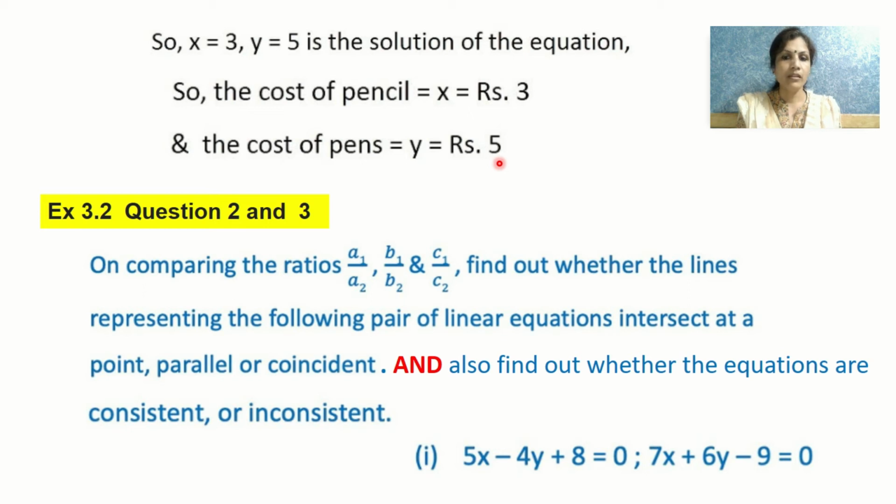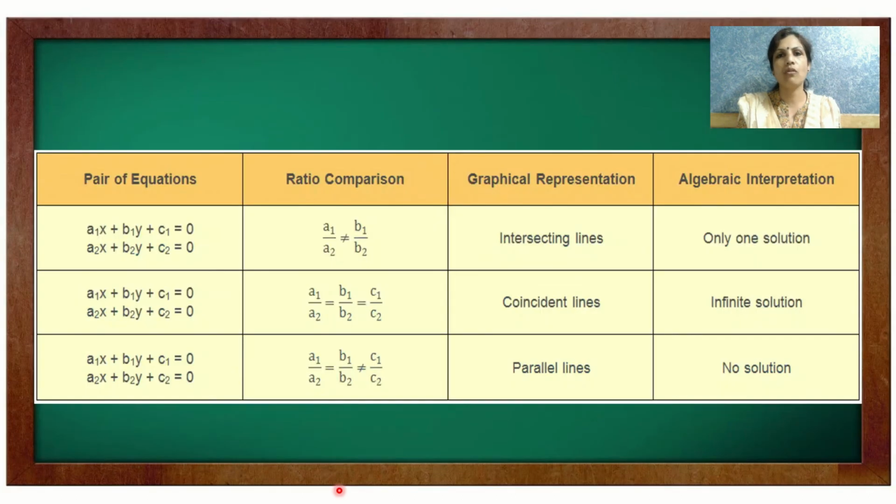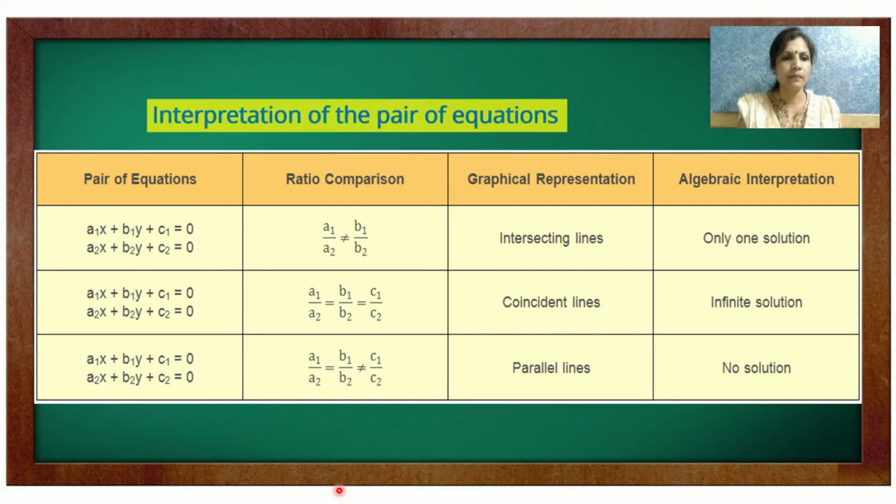So you are given this as your equation number 1, but before we solve this equation, I want all of you to have a look at this particular slide, which will give you an idea about the graphical interpretation of the equations.